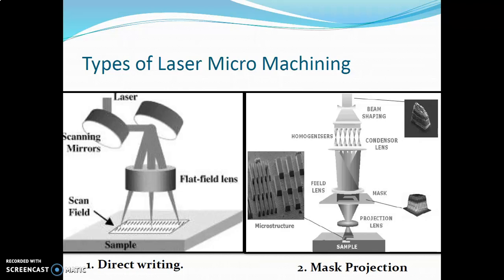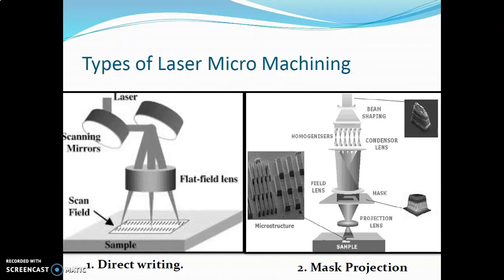Here you can see from the top we have beam shaping and a condenser lens, homogeneous. Then it is transferred to the field lens, and below the field lens we have the mask.